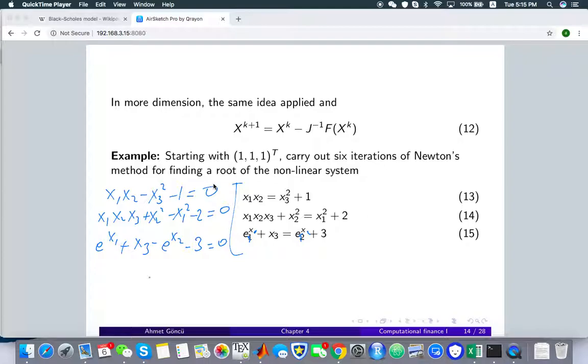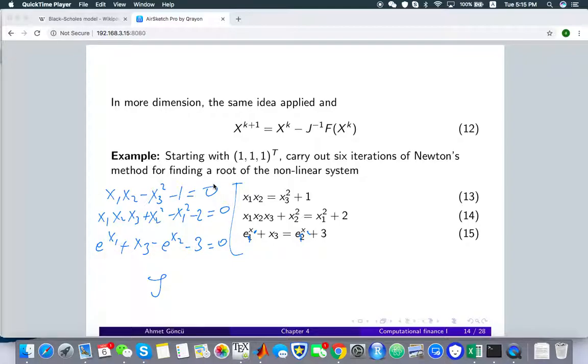Now we can calculate our Jacobian matrix, and that's not very difficult. You start with the first function; this is your f1, this is f2, and this is f3. Since you have 3 coordinates, you need to calculate 3 partial derivatives for each function.